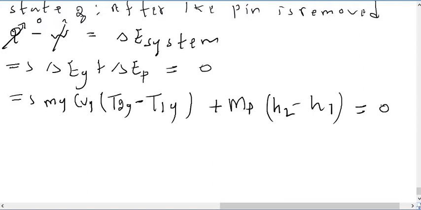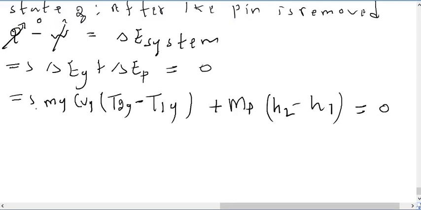Gas has internal energy. That's the internal energy. No potential and kinetic energy. Well, piston has no internal energy, has no kinetic energy. It has only potential energy.